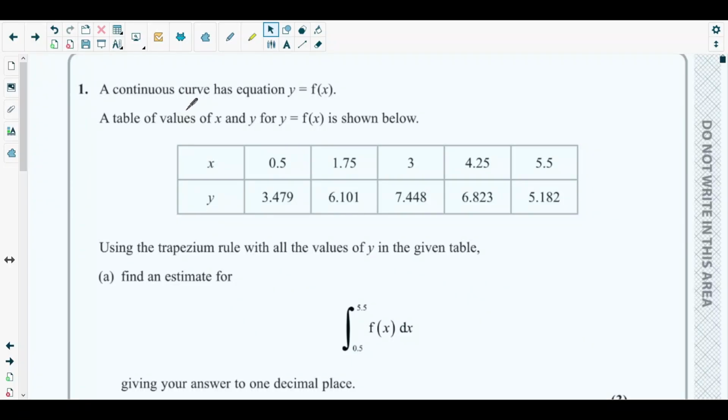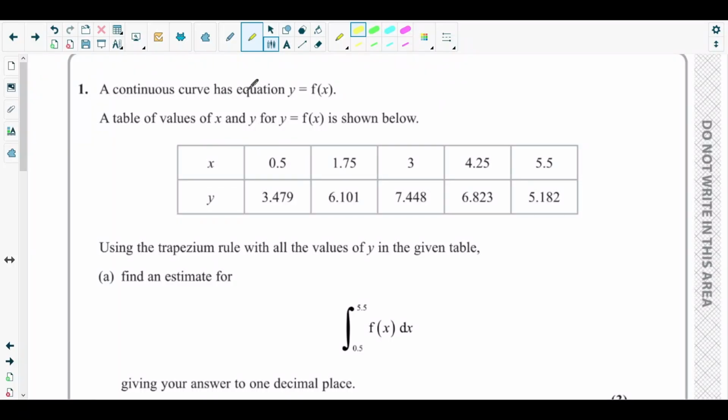To solve this question, you should have an idea about integration using the Trapezium rule, because we will be doing integration using the Trapezium rule. So let's get started.